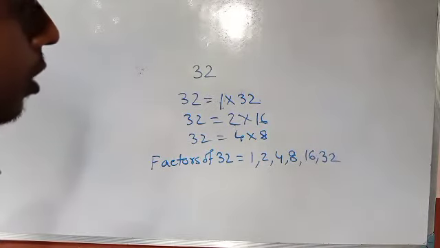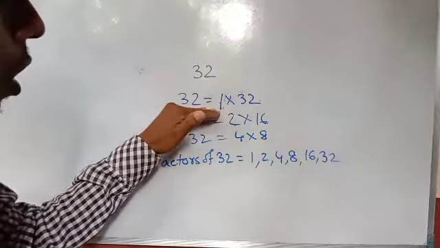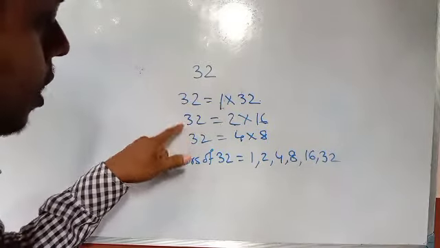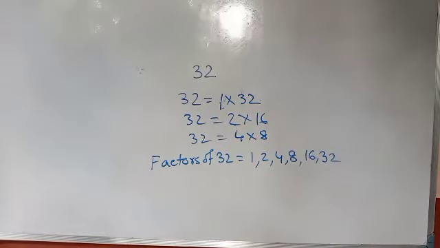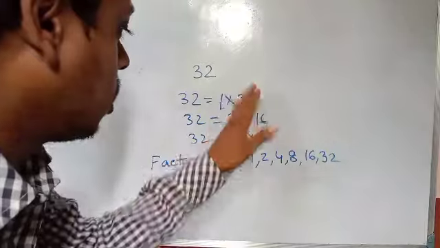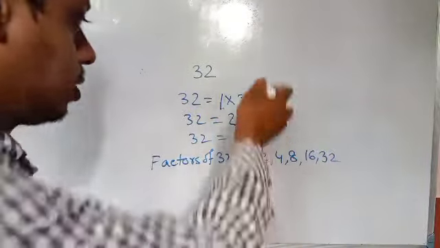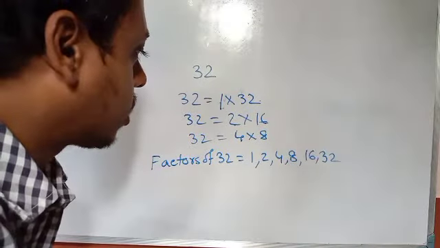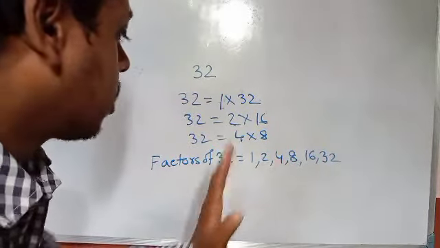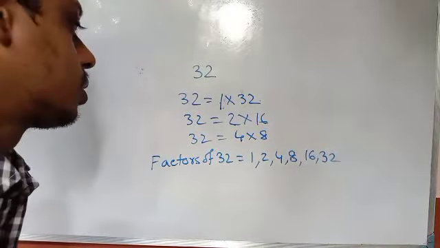So, this way, if you express the number in the form of a product of two numbers, and after that write all these numbers in ascending order, then you will get all the factors of the given number.